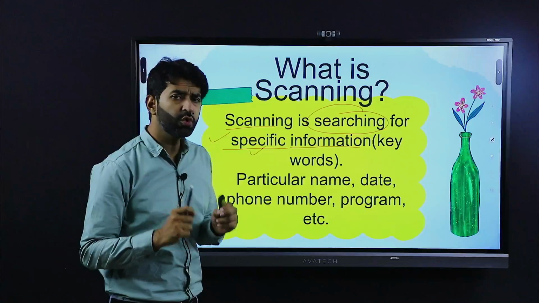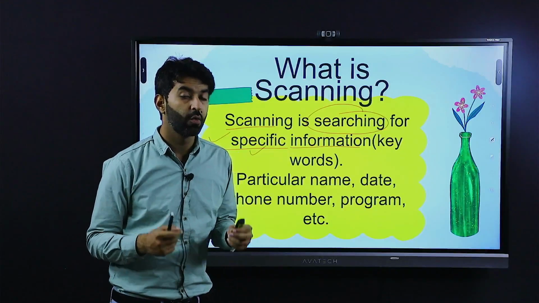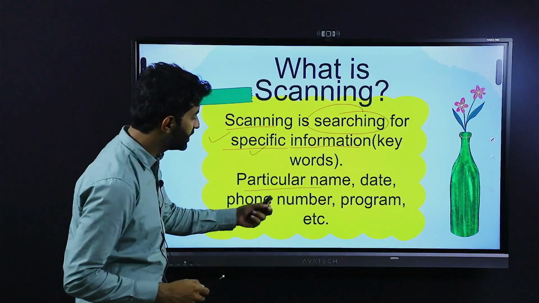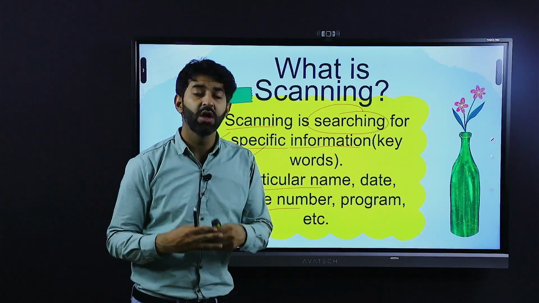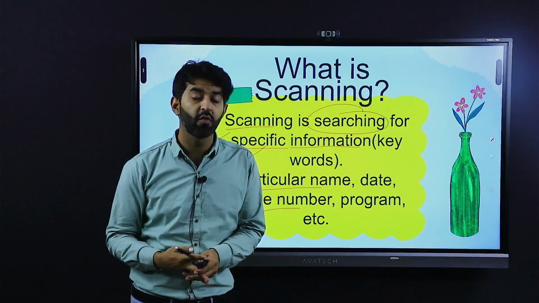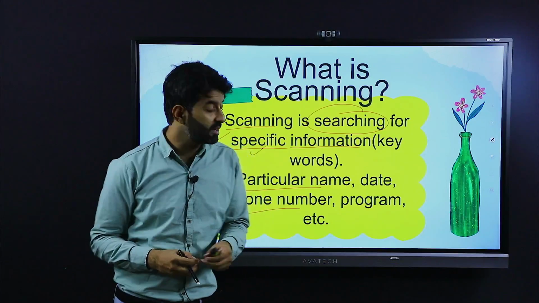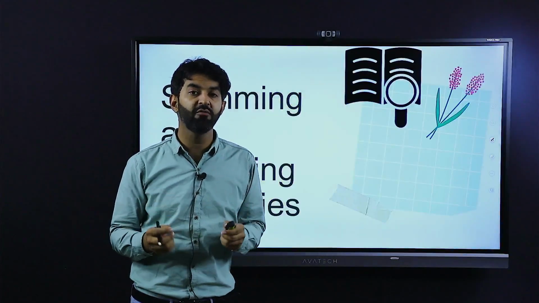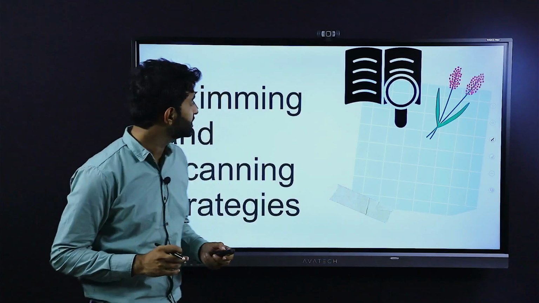In order to do this quickly, because we need to get to the right answer, we look for the keywords, we look for particular names, dates, if you want to look for phone number, program, etc. So all of these are different purposes for why we are reading. And when we are scanning all these things, we need to get to the right answer quickly. So this is why we use this technique of scanning. It is very quick. Let's see how it works.